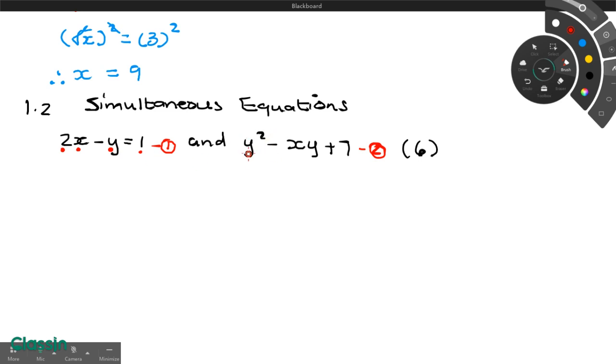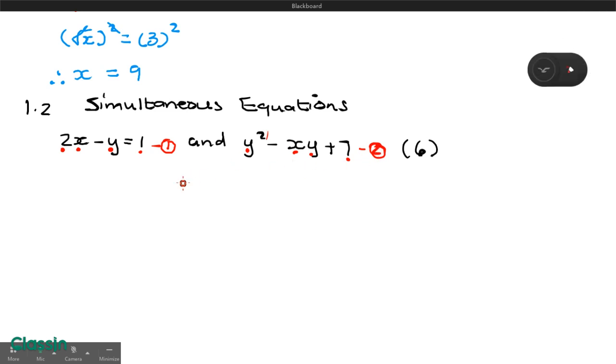But if you check here, we've got a variable, but this variable is squared. Therefore, we can't use this. In this instance, we have got two variables. So it will give us a tough time to solve if we've got two variables that are next to each other. And then we have got a constant. So between equation 1 and equation 2, the one that has got a variable that is alone is equation 1. It means that equation 1 is referred to as the simplest equation to solve.